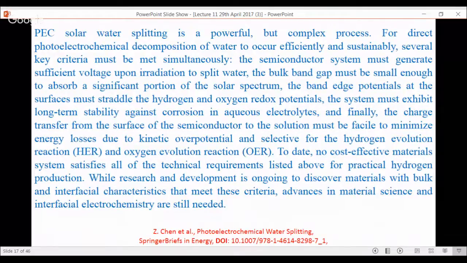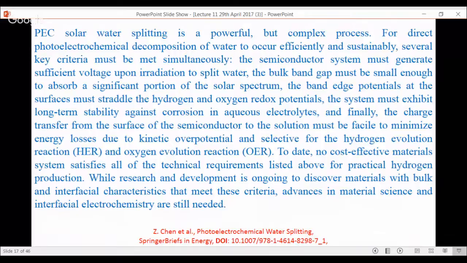Okay. Anyway, in this photoelectrochemical decomposition of water, what is important is the oxygen evolution reaction and hydrogen evolution reaction. Even in electrochemistry, the two reactions of great importance are the hydrogen evolution reaction and the oxygen evolution reaction. Maybe many papers are dealing with the hydrogen evolution reaction.